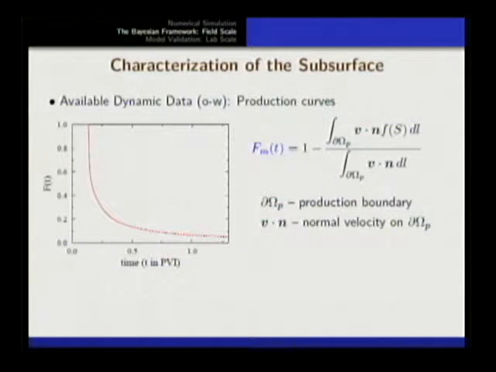Okay? So in sparse locations, we have a lot of information, because for almost all times, we will have a point through this curve. And this is the available data that we have to reduce uncertainty in the characterization of these spatially dependent coefficients.